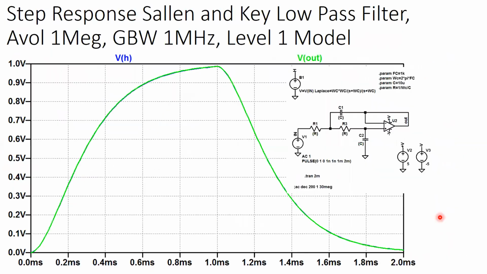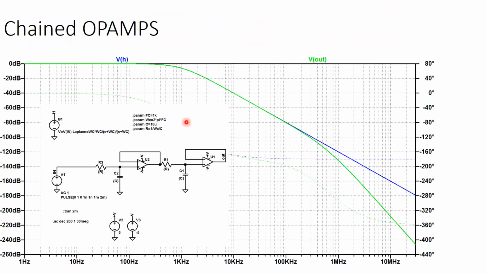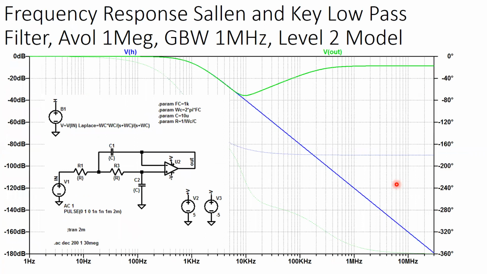So when you looked at the step response, it actually matches theory and the op amp model pretty well. So that chained op amp matches pretty well, and then it's even more low pass than what's going on. So the time domain of that's going to be pretty good too. It's going to match.